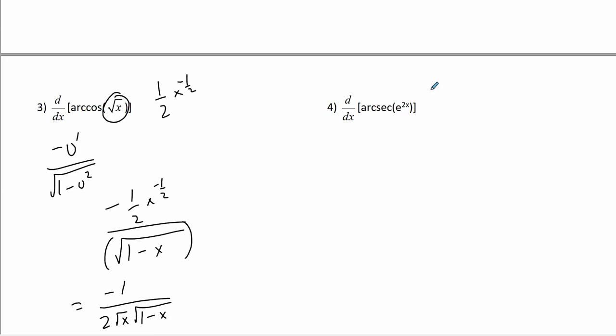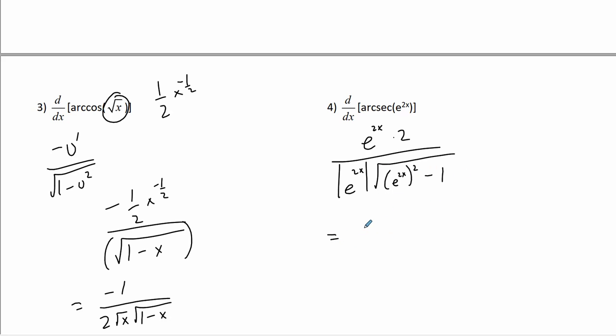Arcsecant of e to the 2x. Remember, secant is the derivative of the expression, which is e to the 2x times 2, over the absolute value of the expression, e to the 2x, times the square root of e to the 2x squared minus 1.